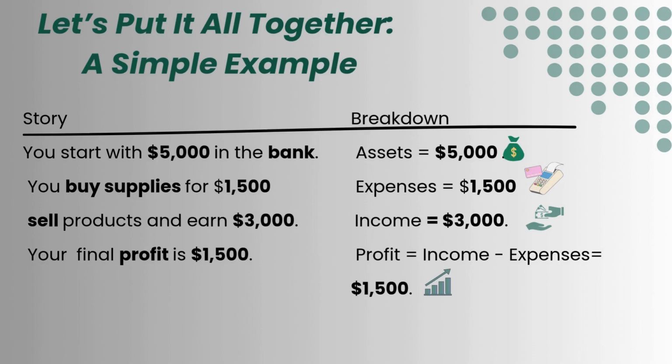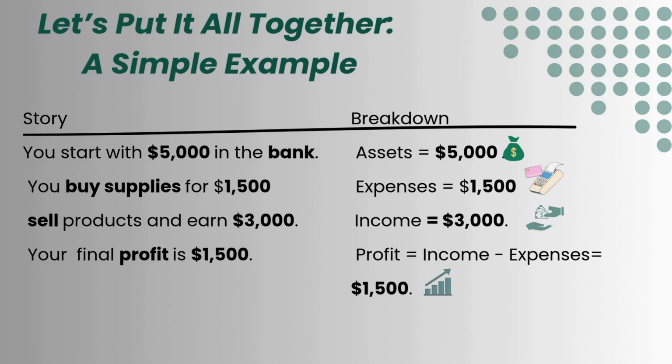We have two columns here. Number one, for example, you start a business with $5,000 in your bank. That is called asset worth 5,000. Then you buy supplies worth $1,500. That is an expense you have incurred from your business. Then you sell products and earn 3,000.